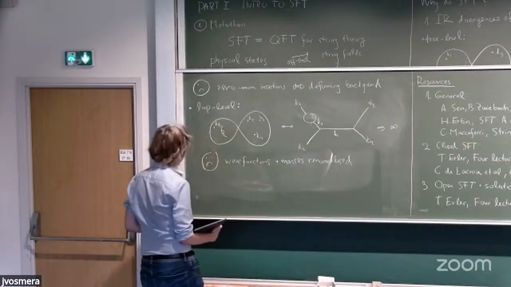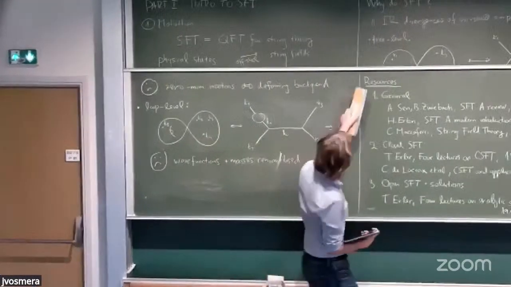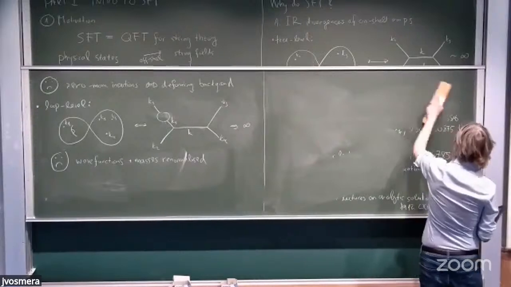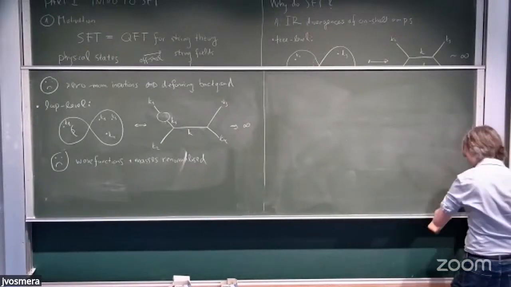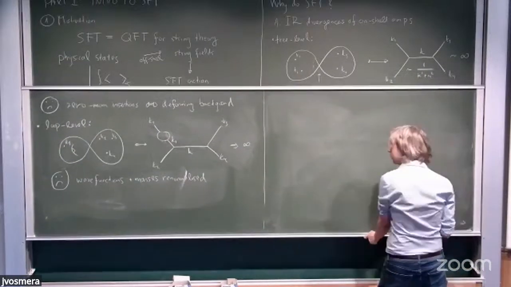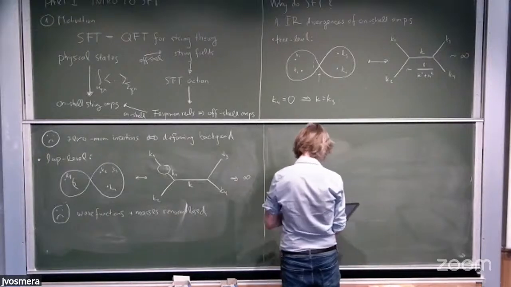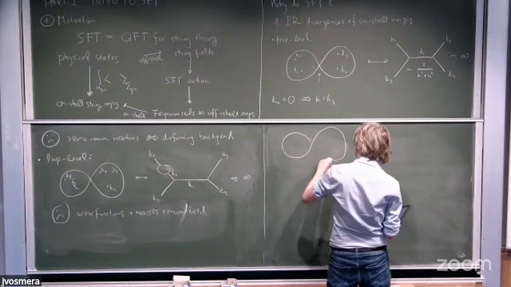So now let me give you one more example of an infinity, which we cannot simply deal with using the first quantized on-shell worksheet prescription. And for that, I will draw the following Riemann surfaces.